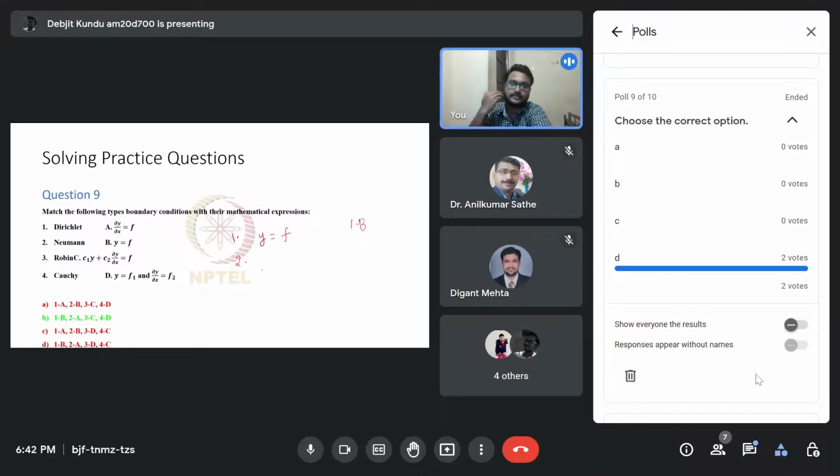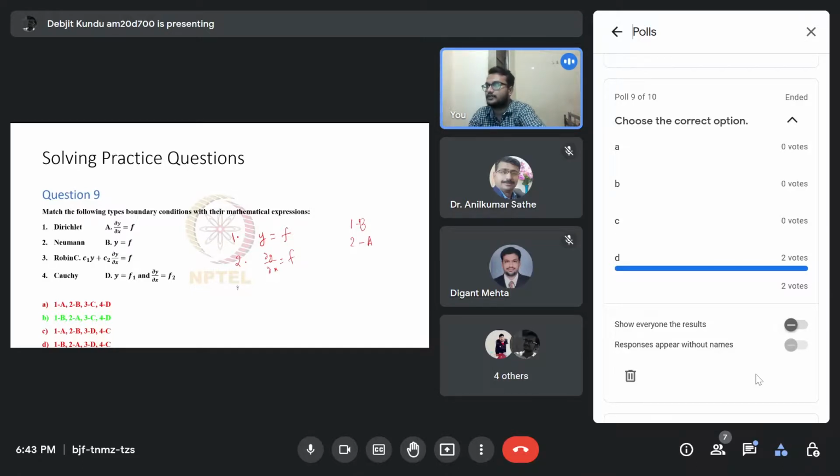In Neumann condition, the gradient of that dependent variable being considered is given. So dy/dx equal to f sort of thing. So this corresponds to option A in the second column. So for 2, it would be A.